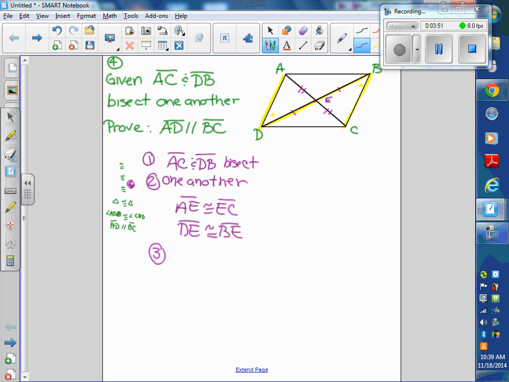Okay, but I need a third part, so what's the third part? Yeah, Tyler. Vertical angles. Yes. So I know that angle AED and angle BEC are vertical angles from the diagram.